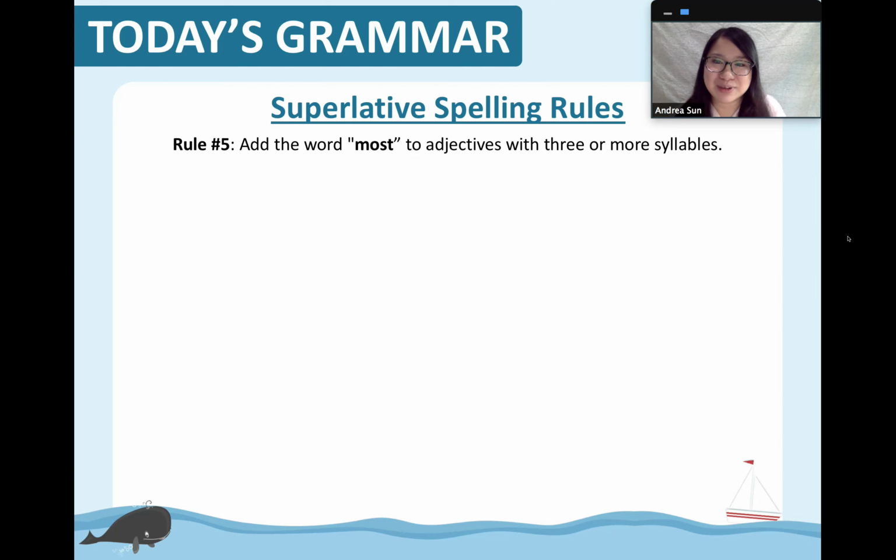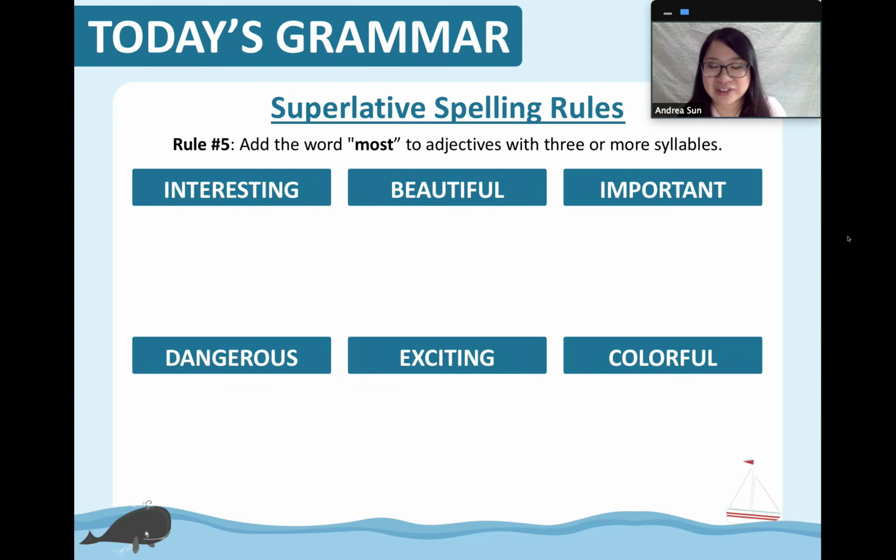Now, rule number 5. If the adjective has more than 3 syllables, we must use the word most. Take a look at these adjectives. Interesting, beautiful, important, dangerous, exciting, colorful.